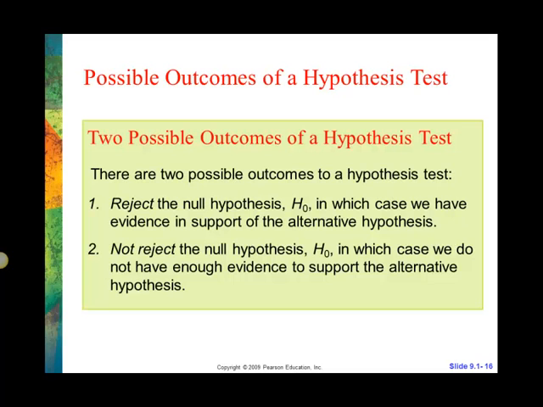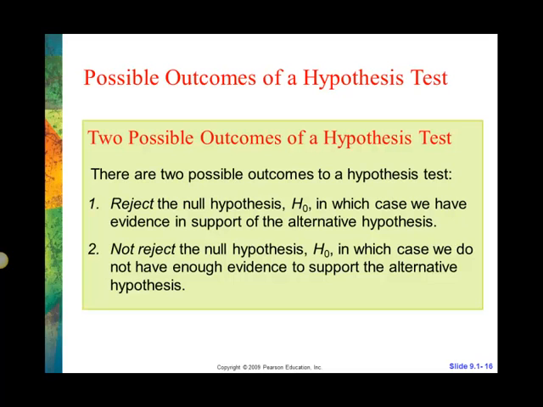Notice we're not accepting anything. We're either rejecting the null hypothesis and we have enough evidence to support our alternative, or we are not rejecting the null hypothesis and we don't have enough evidence to support the alternative. We're never accepting the alternative, and we're never accepting the null hypothesis, because we don't have enough information on this one test to do that, and we can never actually accept the null.